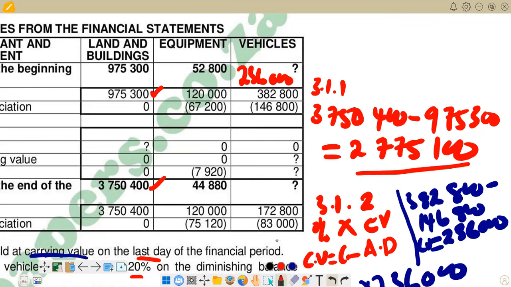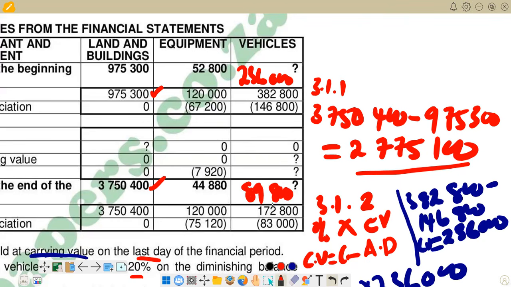Then also we want to see the carrying value at the end. We say 172,800, and then we subtract 83,000, and then we get 89,800. So that's the figure that is supposed to come here, 89,800, right?